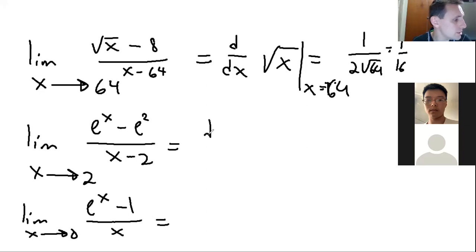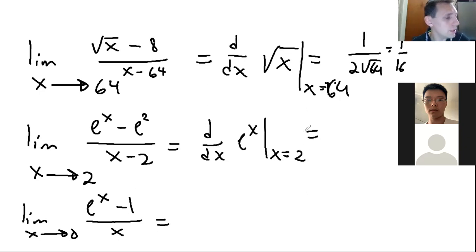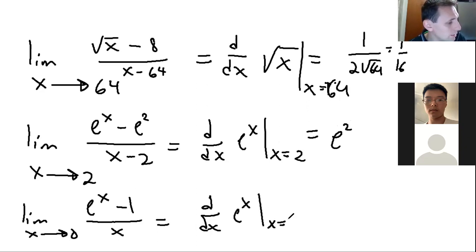What is this? This is the derivative of e to the x, where x equals 2. And the answer is simply e squared. And this is the derivative of e to the x where x equals 0, and the answer is simply e to the 0, or 1.